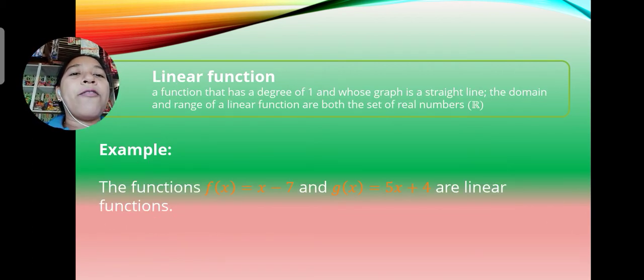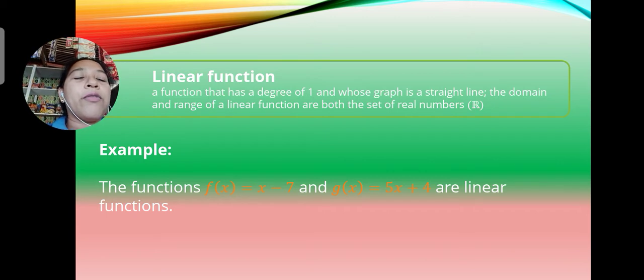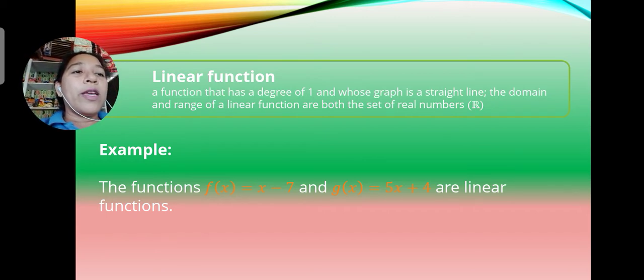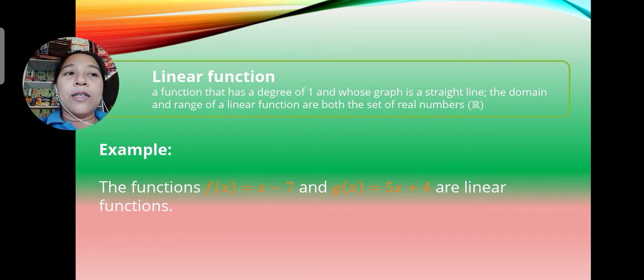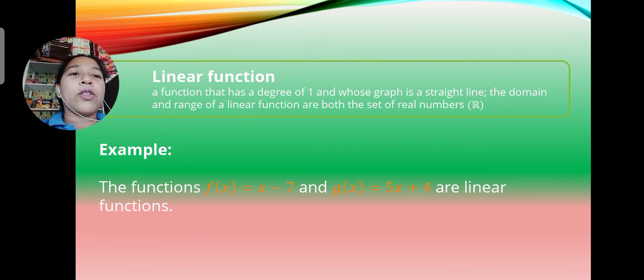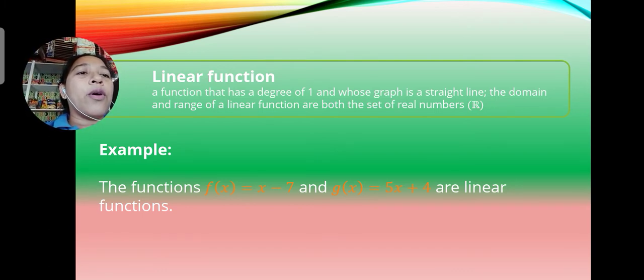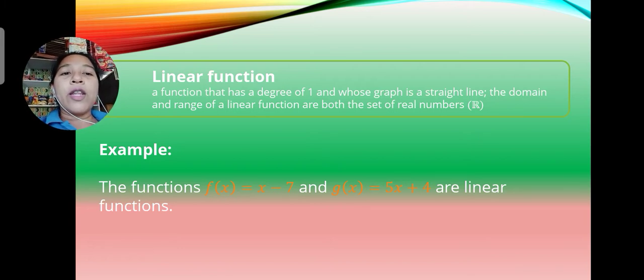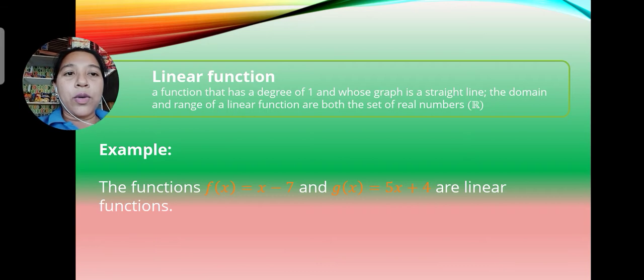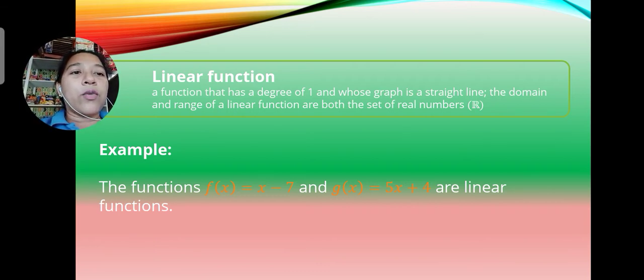For the linear function, a function that has a degree of 1 and whose graph is a straight line, the domain and the range are both the set of real numbers. For example, the function f of x is equal to x minus 7, and g of x is equal to f of x plus 4.